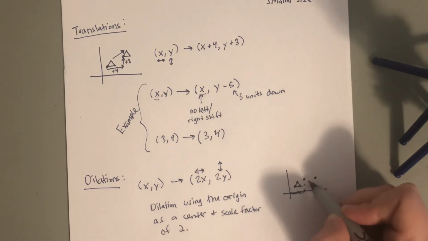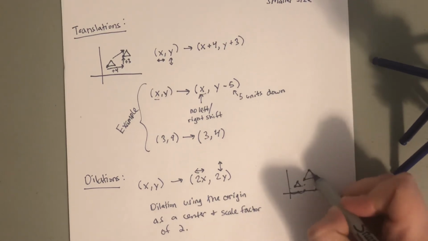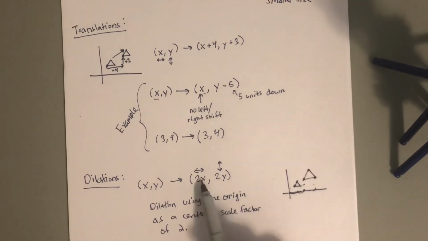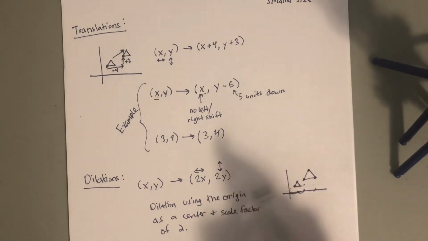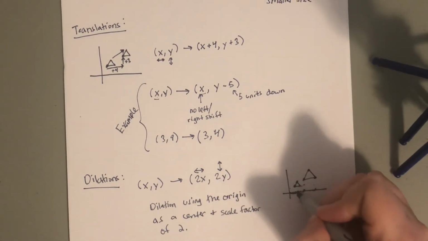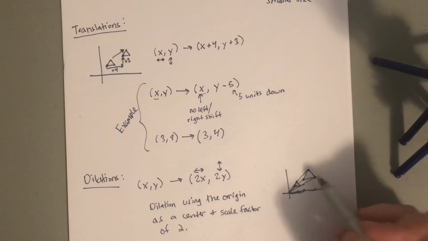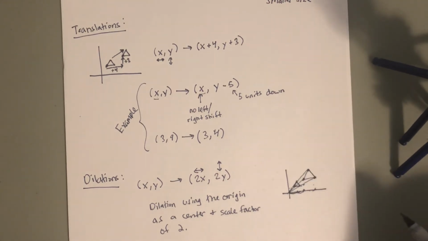And then it's up that far, it's going to go twice that. So by doubling each of the x coordinates and doubling each of the y coordinates, you essentially make a dilated shape using the center as the origin with a scale factor of 2.